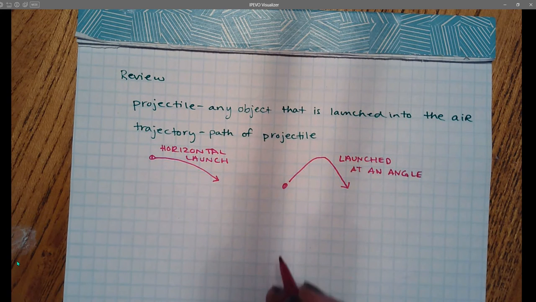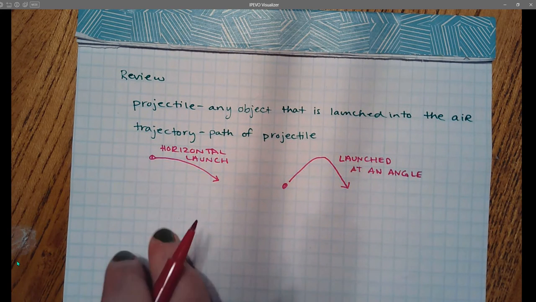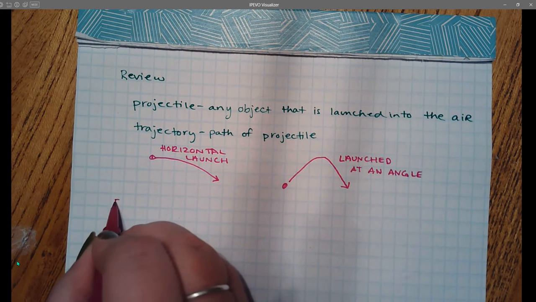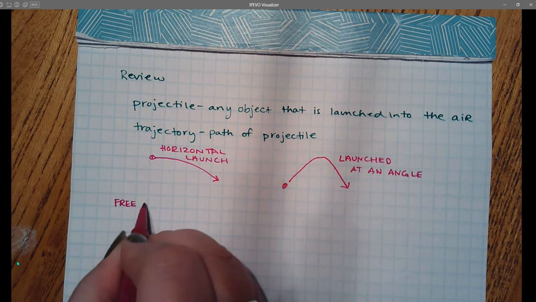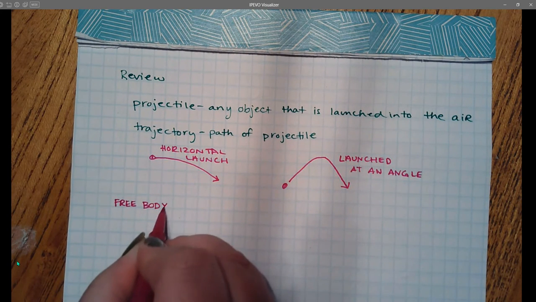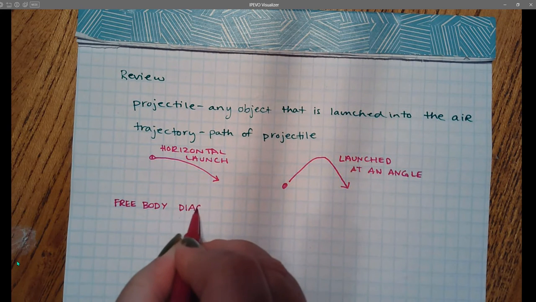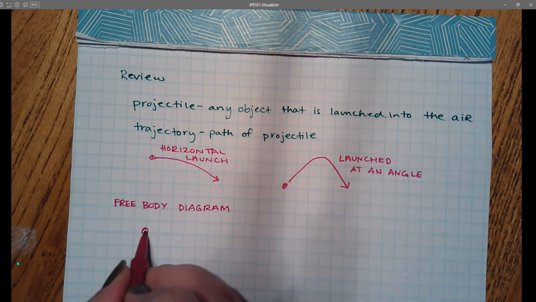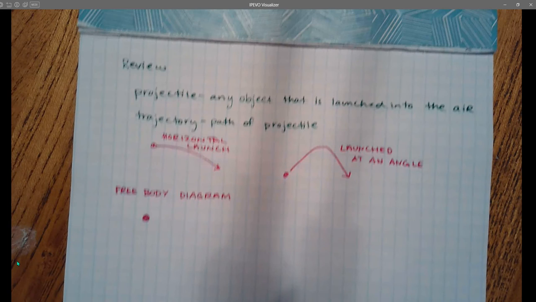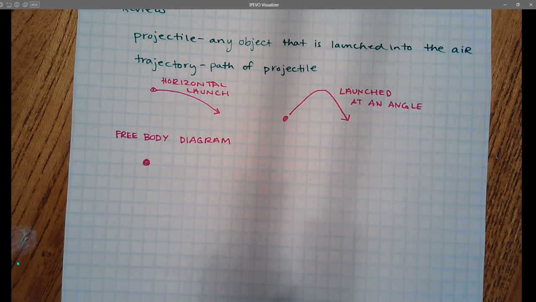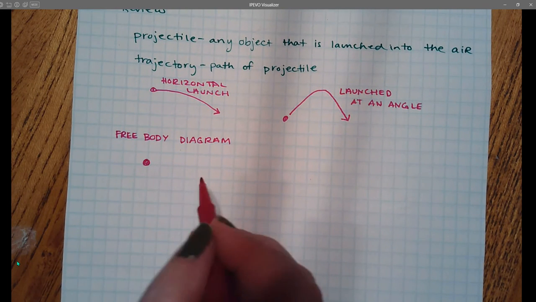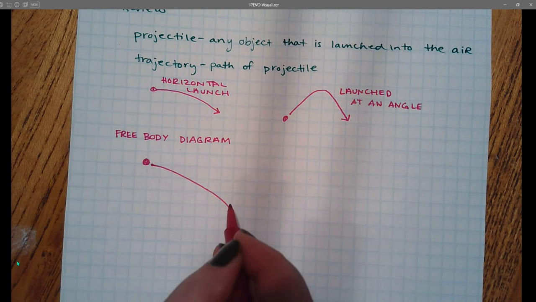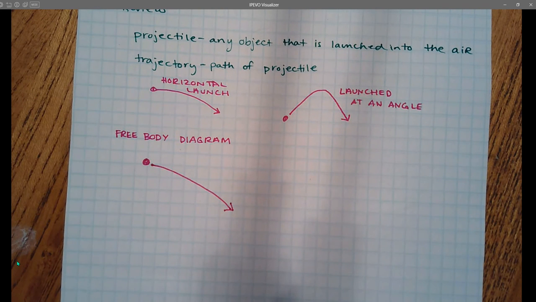We can represent the motion of a projectile by making something called a free body diagram. So if I represent my projectile as this circle, and its path, we'll say that this is a horizontally launched projectile, so its path is going to follow this trajectory.